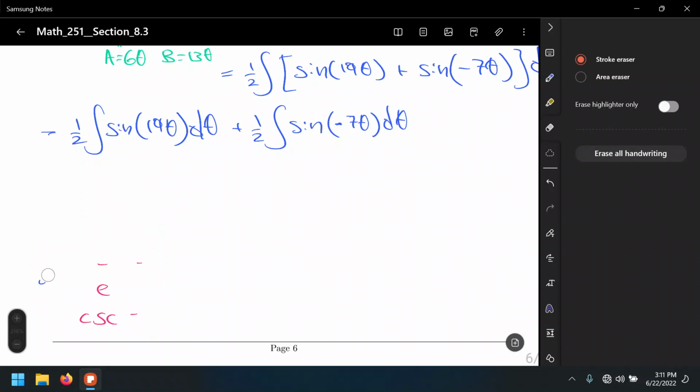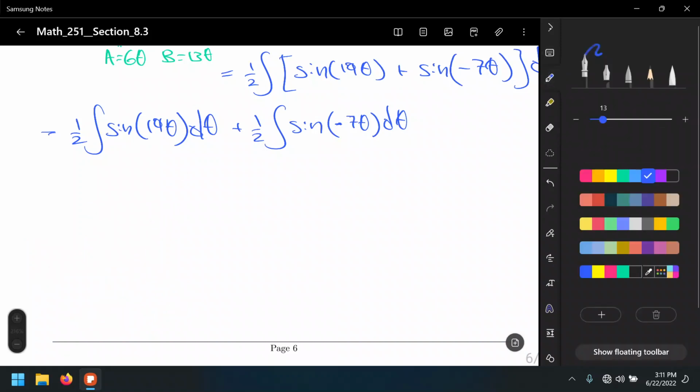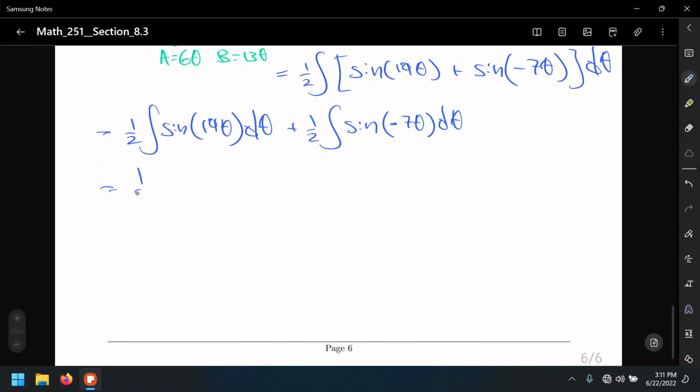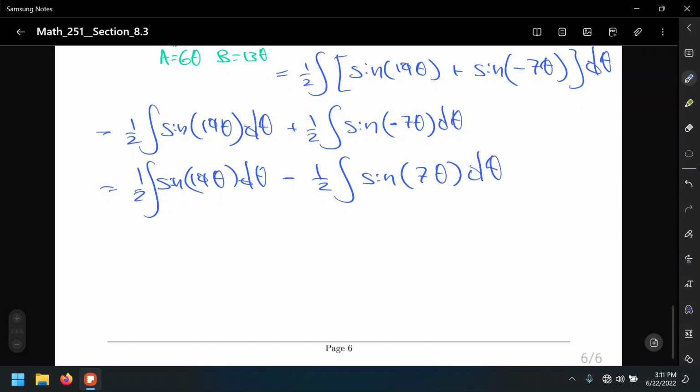Rewriting this integral, we will get 1/2 the integral of sine 19θ minus 1/2 the integral of sine 7θ. And well, what's the integral of sine? Negative cosine.